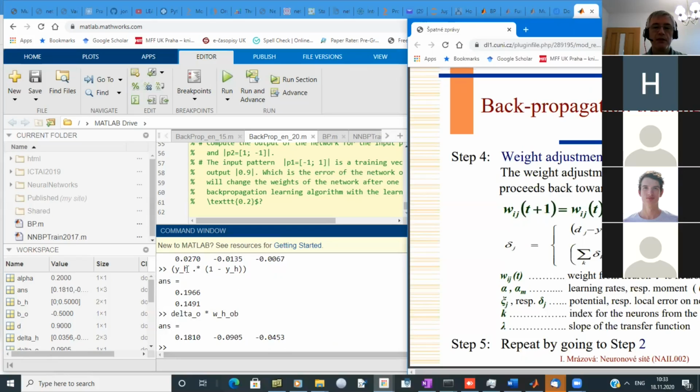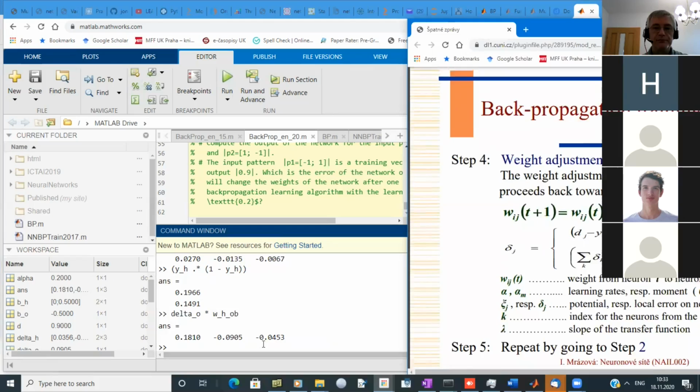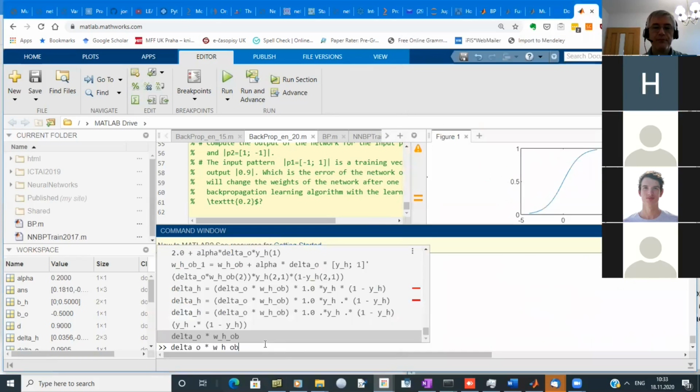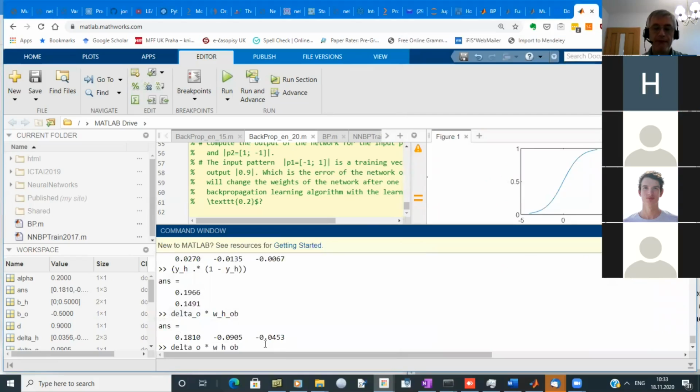So we should include also the output of the virtual neuron to the y sub h. And here we should compute the output of the hidden layer, extended by 1.